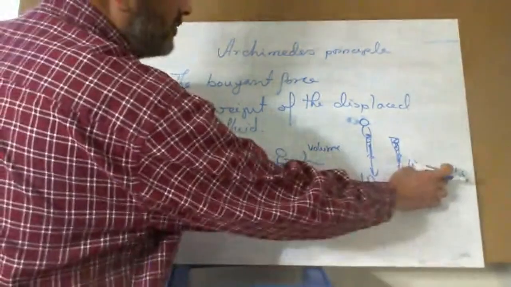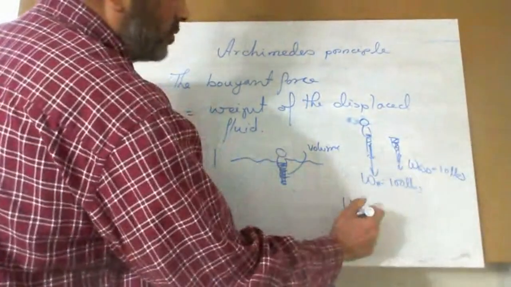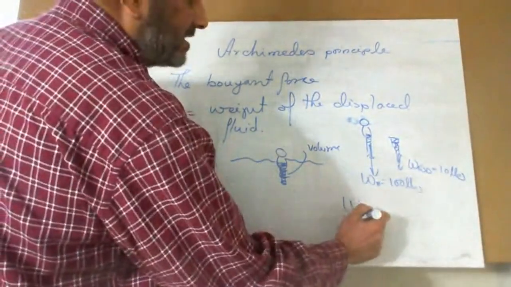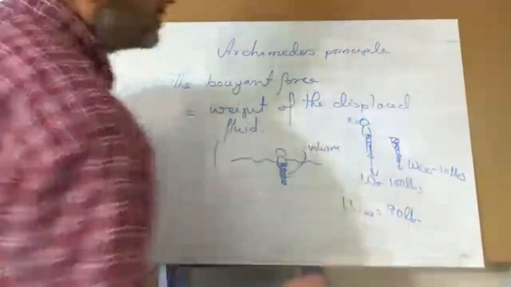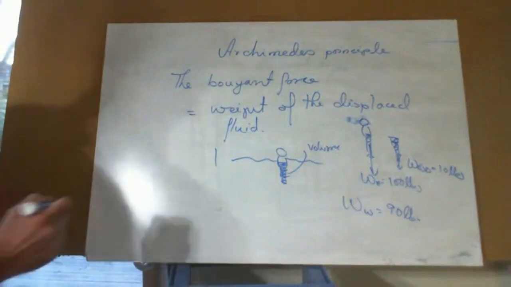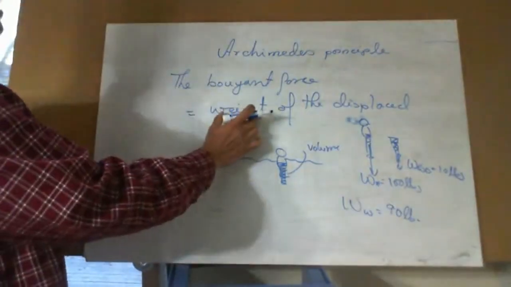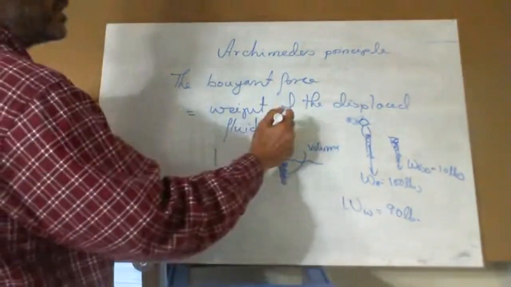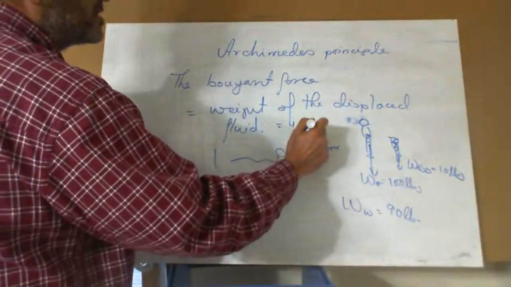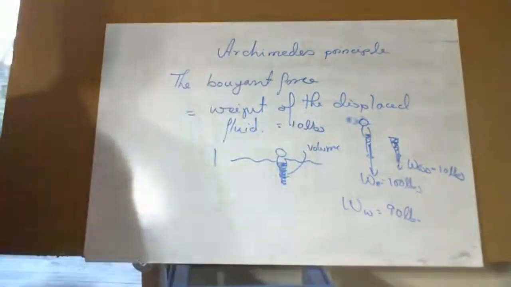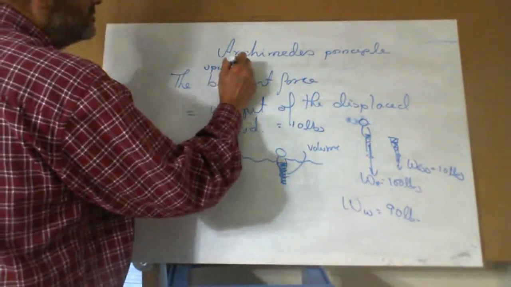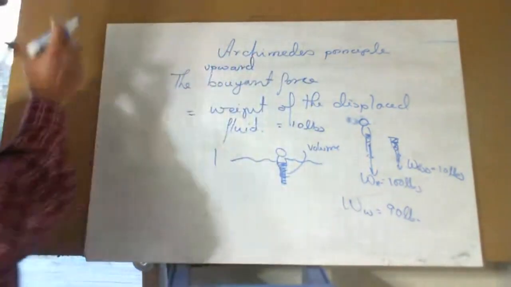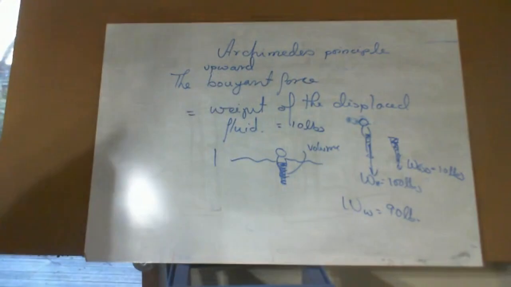In this case, if his body pushes aside 10 pounds of water, his weight in water would be 90 pounds, right? Because the buoyant force, which is the weight of the displaced fluid, is 10 pounds. So the upward force, or the buoyant force, will also be 10 pounds.